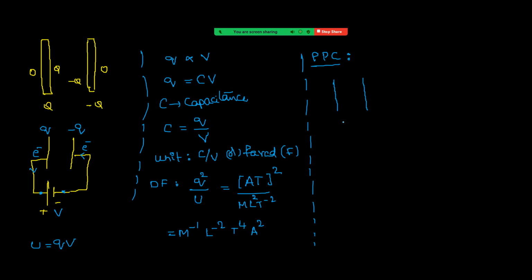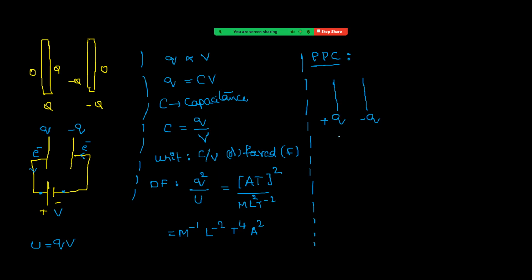So let us assume a charge plus Q on one plate and minus Q on the other. Outside, the field is 0. Now the field is only between the plates.